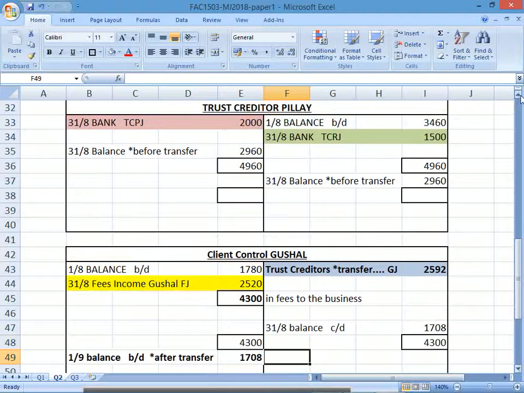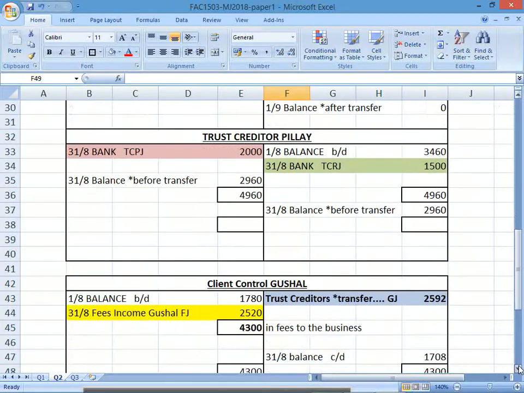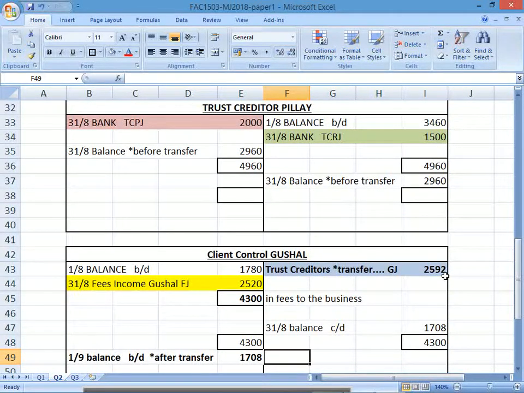Let's go up. Now we need to look at P. Okay, in terms of P as being a client, how much does this client still have in his account? 2,960. Okay, meaning that's an amount of money that's sitting with our business for that client.